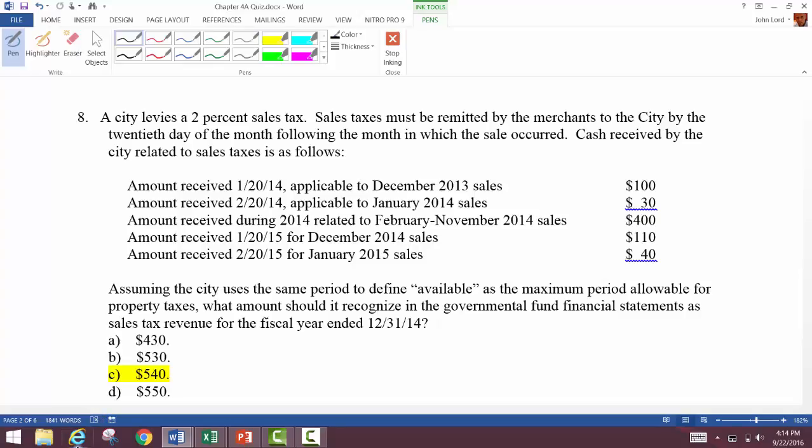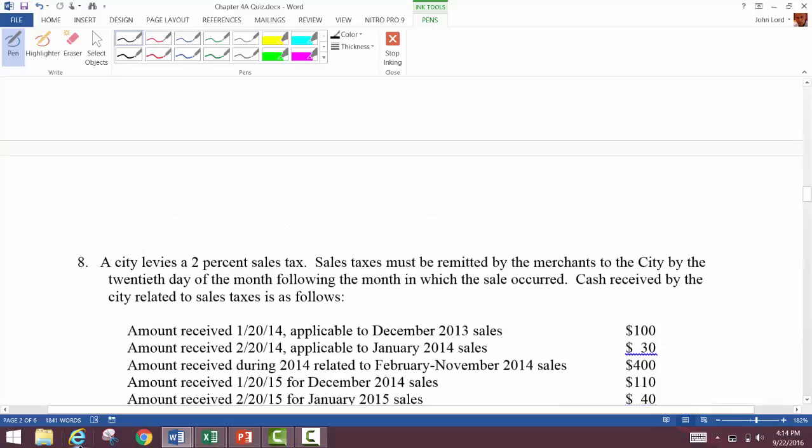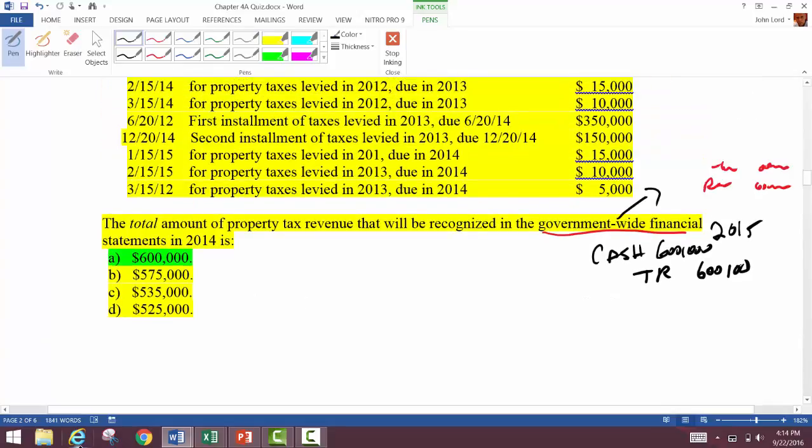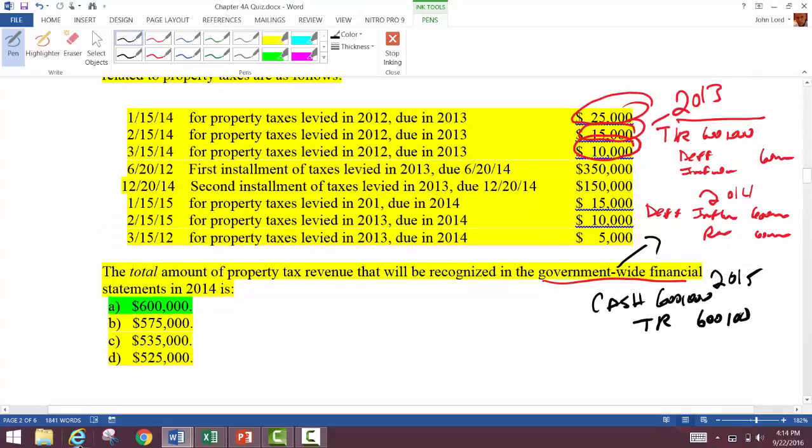Hey, you said for 2015 you record the revenue. No, we would simply record the receipt of the cash, debit cash, credit tax receivable for 600,000. The revenue was already taken in 2014.